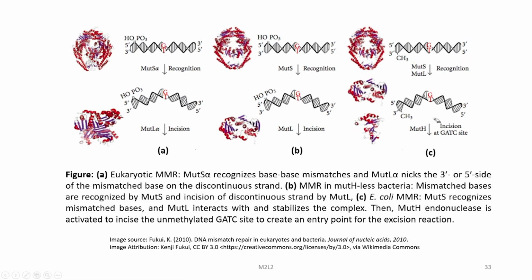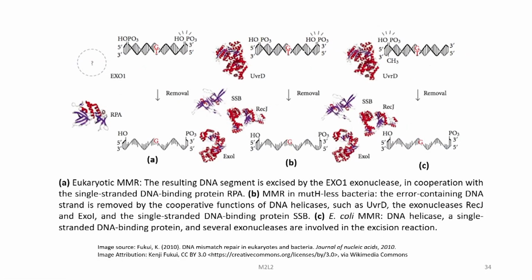Then MutH endonuclease is activated to incise the unmethylated GATC site to create an entry point for the excision reaction. In figure A, you can see the resulting DNA segment is excised by ExoI nuclease in cooperation with the single-stranded DNA binding protein RPA.